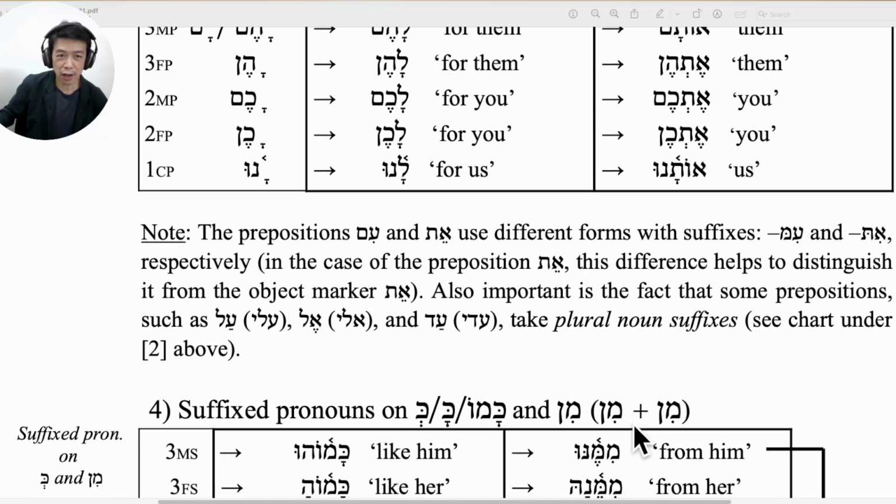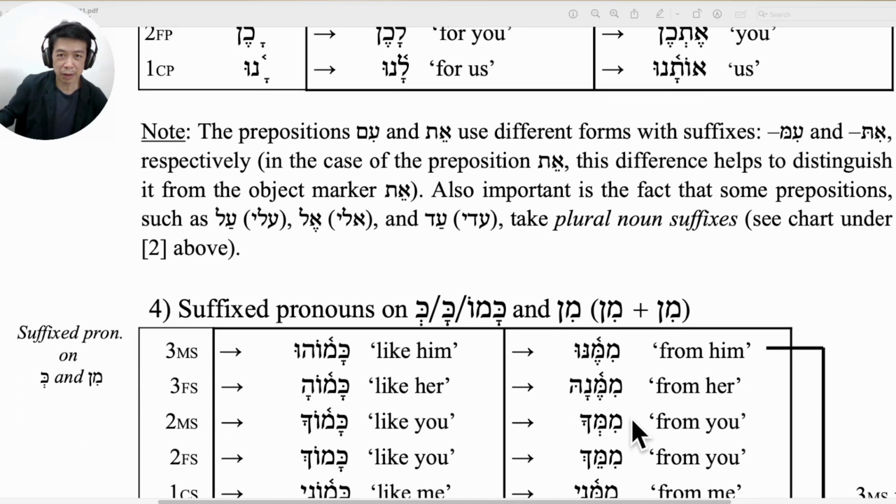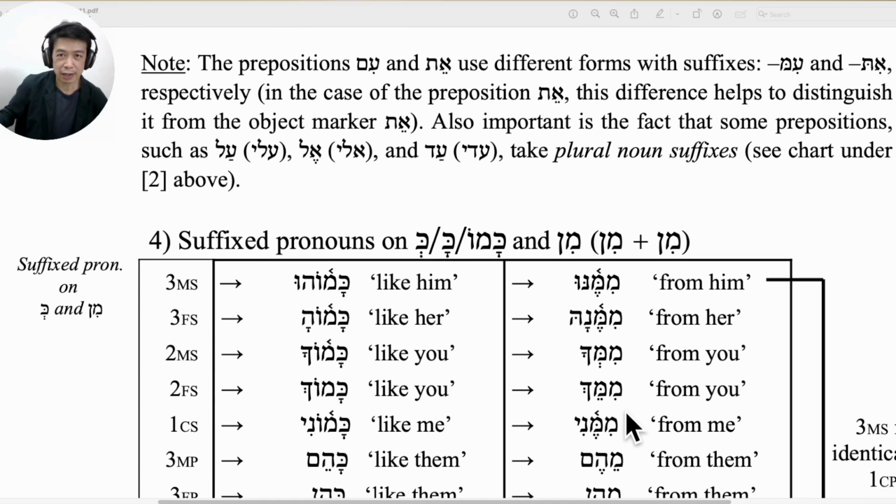So please note that the prepositions im and at use different forms with suffixes, im and it, respectively. In the case of the preposition at, which means with, by the way, this difference helps to distinguish it from the object marker at.